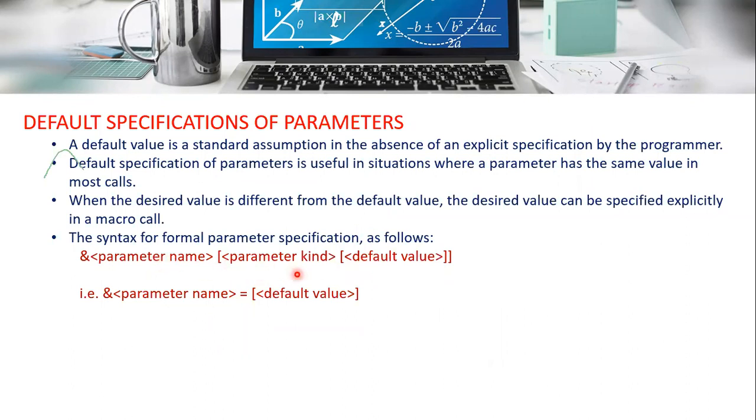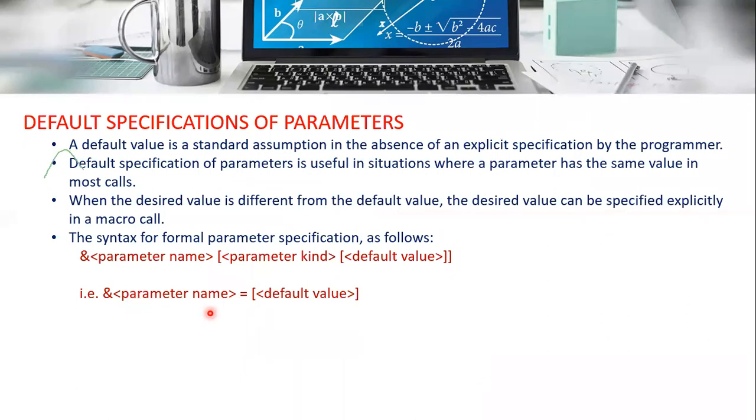Okay, the parameter kind in the sense that is we can use equal to string. This another syntax is given here, that is & parameter name = default value. We can specify this default value at the time of prototype or at the time of macro definition. Okay, in case of the formal parameters only.